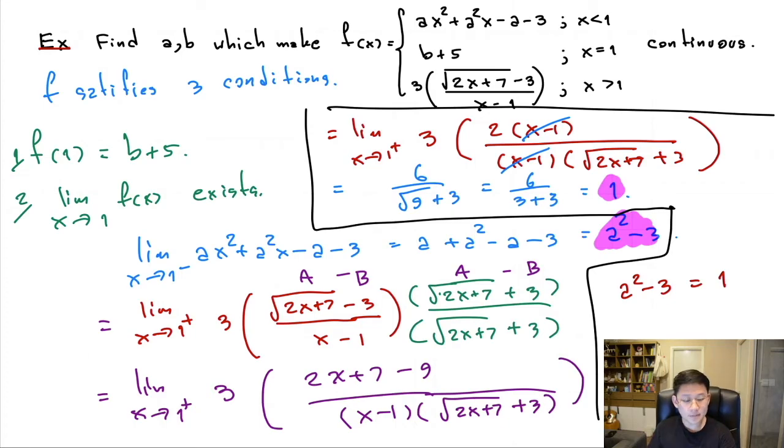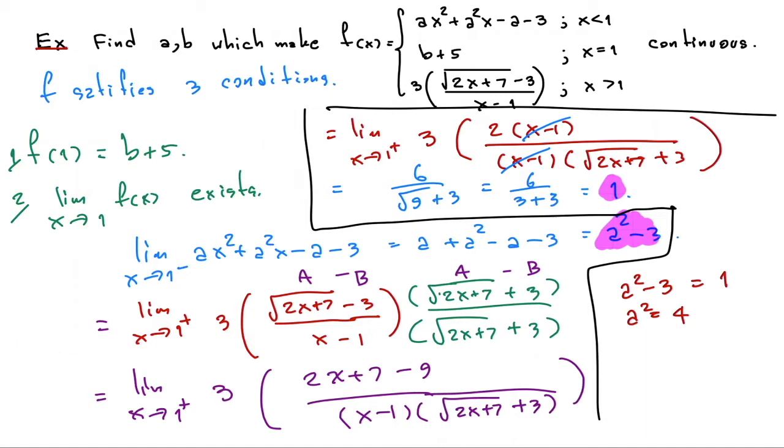But the left limit is this guy, the right limit is 1, so these are equal. Which means that a squared is 4, which means that a is plus or minus 2.